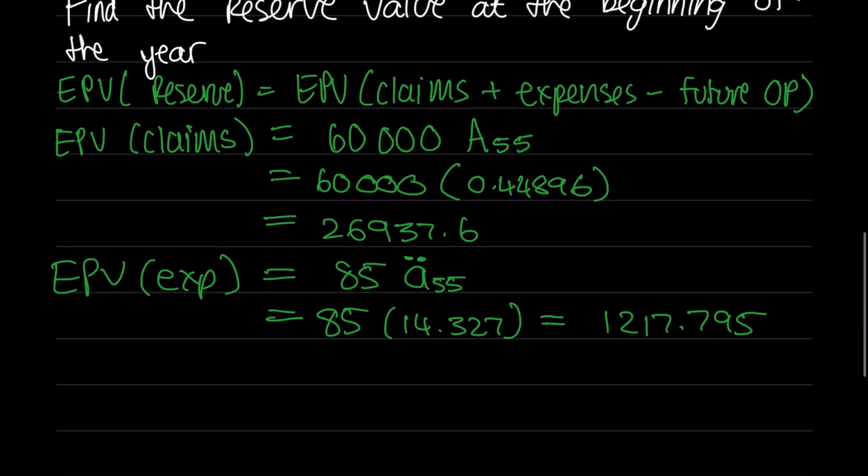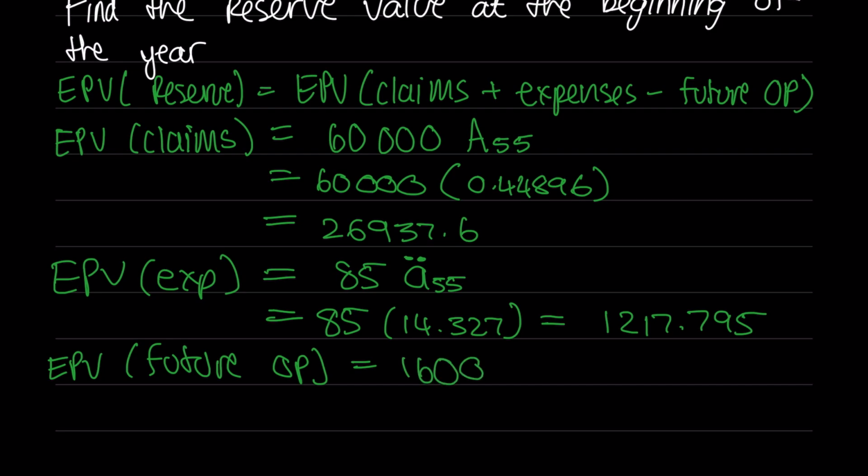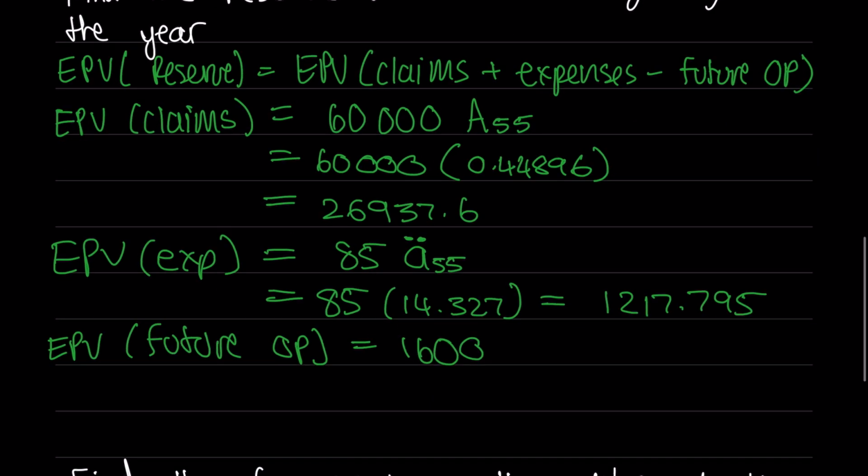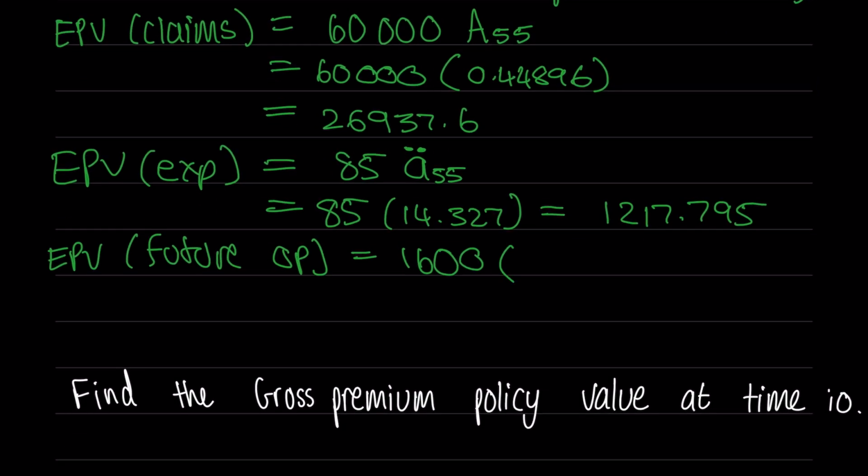Sweet. Now let's do the EPV of future office premiums. So these are all the premiums that this insurer is expected to receive in the future. This is like an income for them, which was 1,600, pretty sure. We're working with dollars, yeah, 1.6, and we're again going to be using this 55.